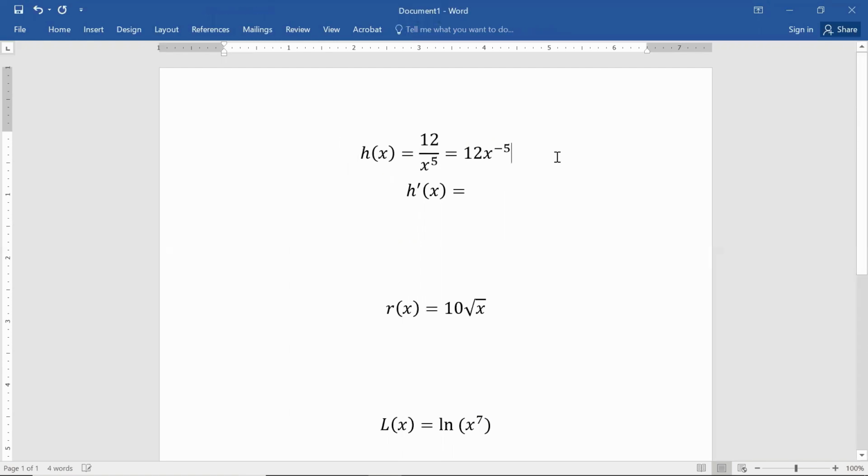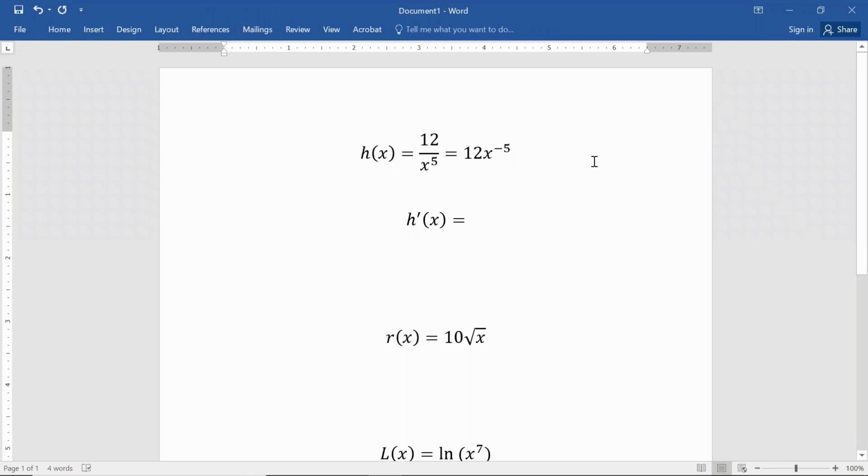When you take a derivative, if I write 12 times x to the negative 5, I can use the power rule. Even though this is a negative, the power rule works just fine with a negative.